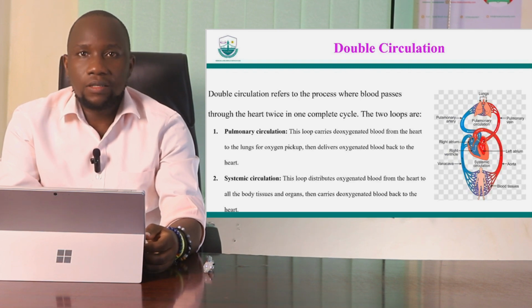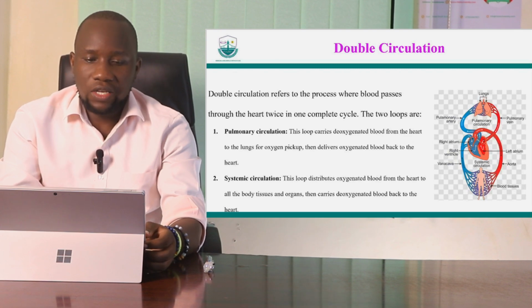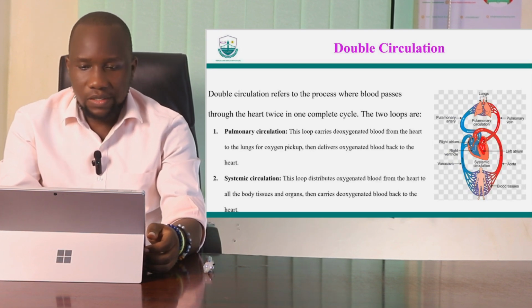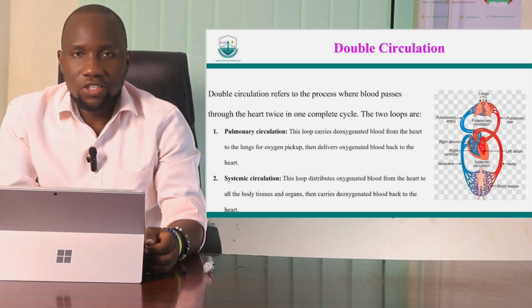So we say that the blood circulation in humans is the double circulation. Why do we say it is double? It's because the blood passes through the human heart twice.